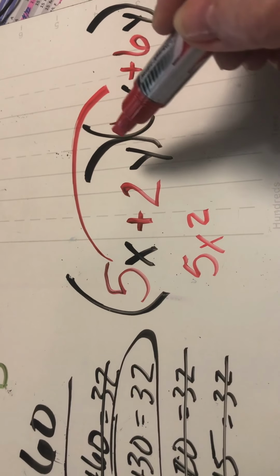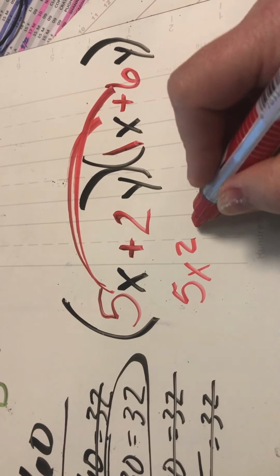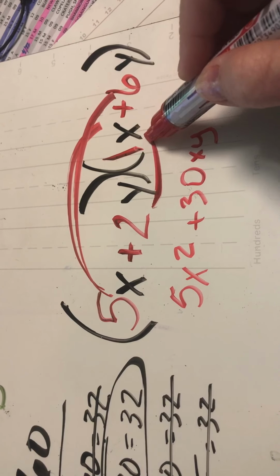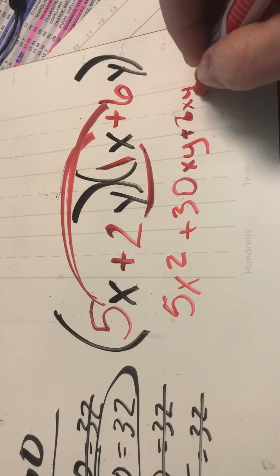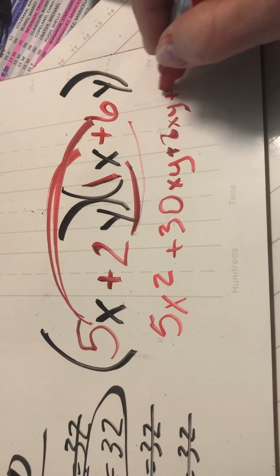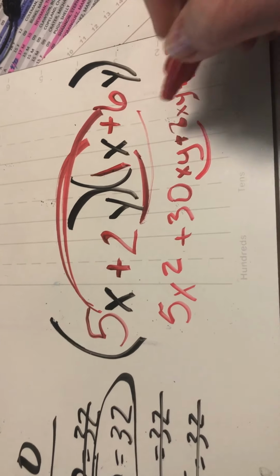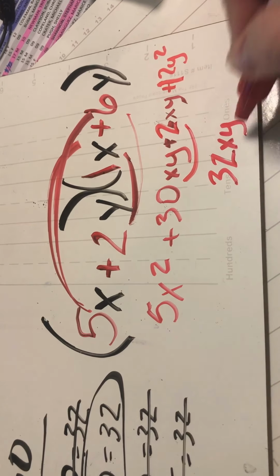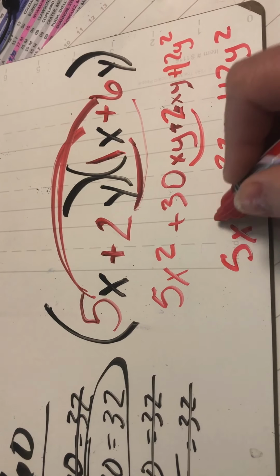Then I'm going to do my outside, so 5x times 6y is 30xy. Then I'm going to do my inside, 2y times 1x gives me a positive 2xy. And then 2y times 6y gives me a positive 12y squared. So if I combine these two, that's a 32xy for my middle term, 12y squared, and 5x squared.